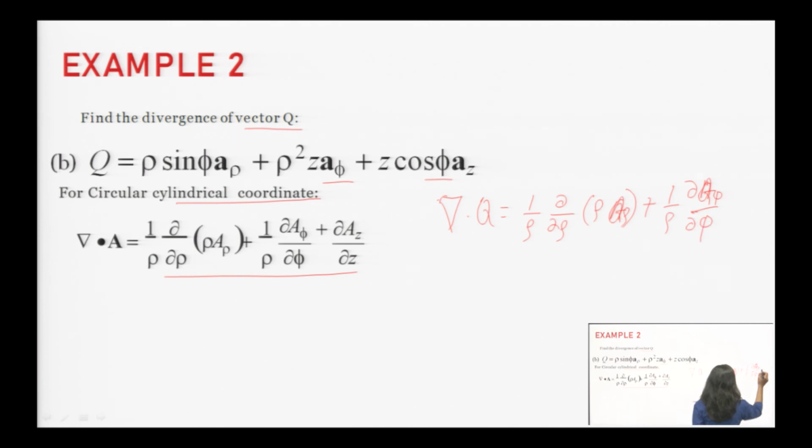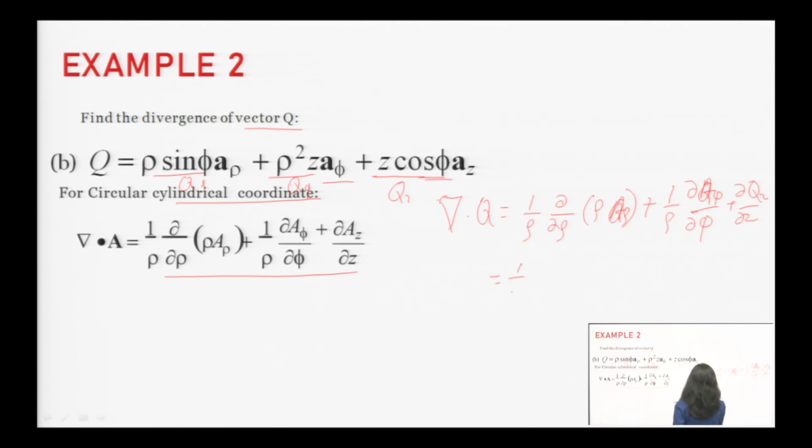Similarly, here will be d qz by dz. This term is the q rho, this term will be q phi, and this term will be qz.